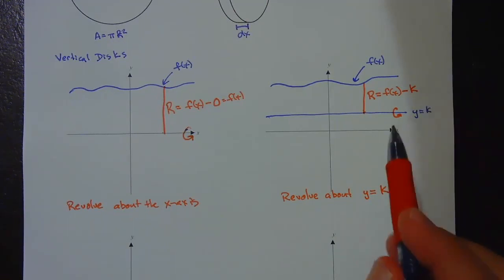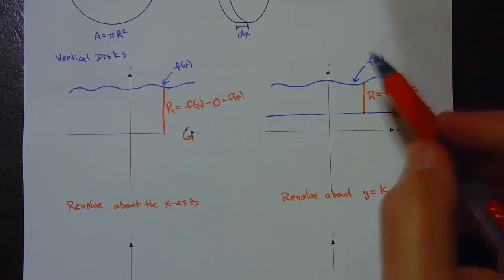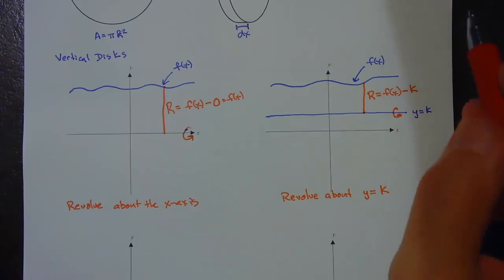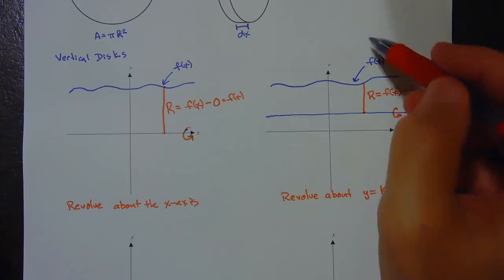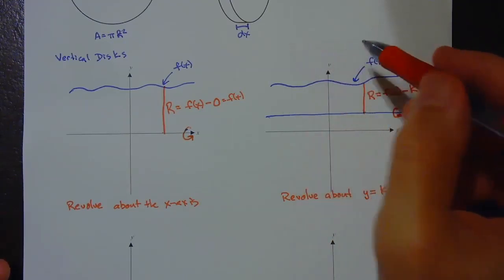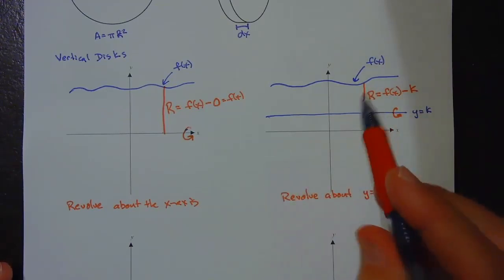Now, if the line we were rotating around was above, then what would it be? This is going to be important: it's top minus bottom. So it would be k minus f of x if the line we're rotating around were above it, or f of x was below the line.